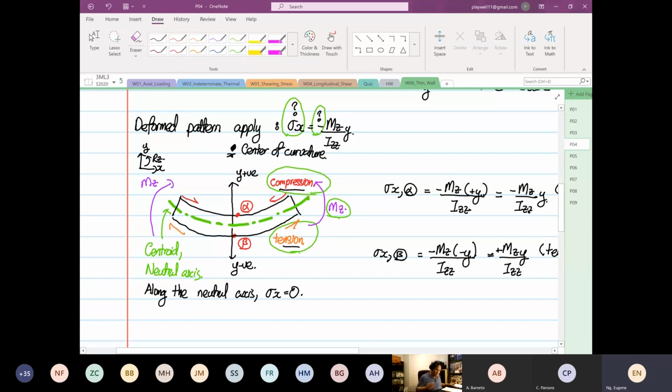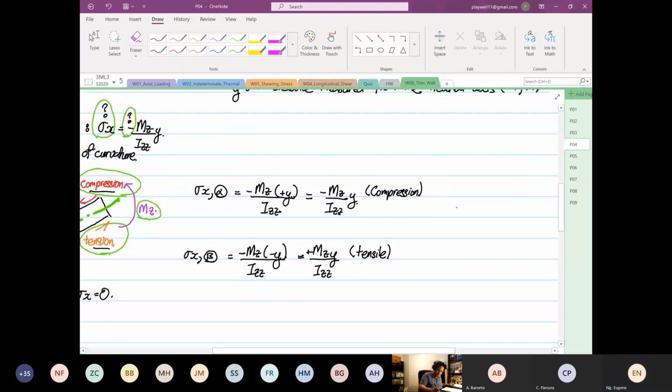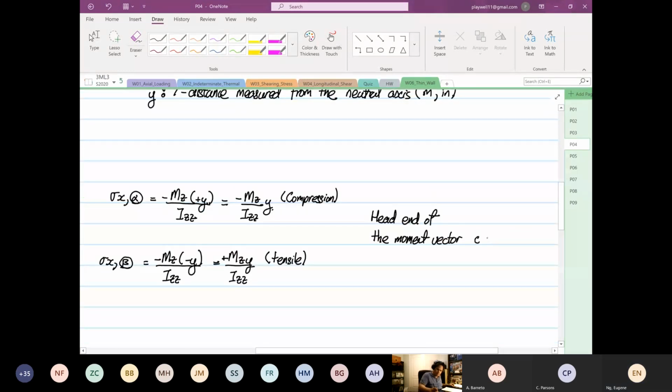Repeat again. The head end of the moment arrow or moment vector is always compression, right?